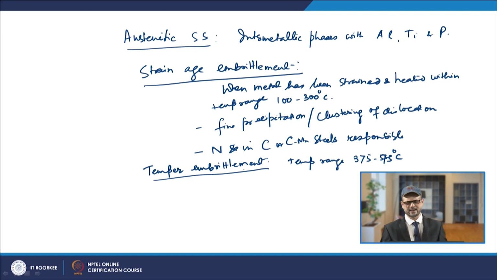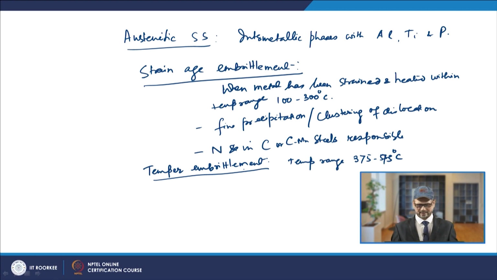So, this is another phenomenon which occurs due to the thermal cycling treatment, because when you are heating, certain zones are heated to that temperature range, and then there is further cooling.